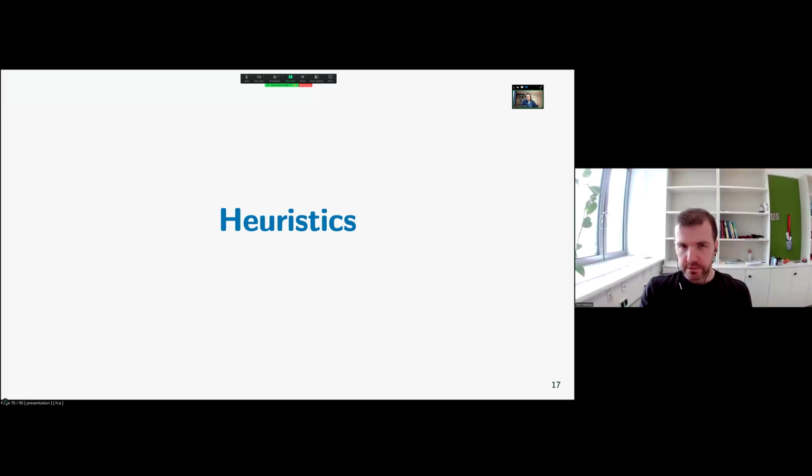So in terms of heuristics, the most natural thing to ask is, since I mentioned gradient descent and the next algorithm was accelerated gradient descent, it would be very clear to do the same for acceleration.